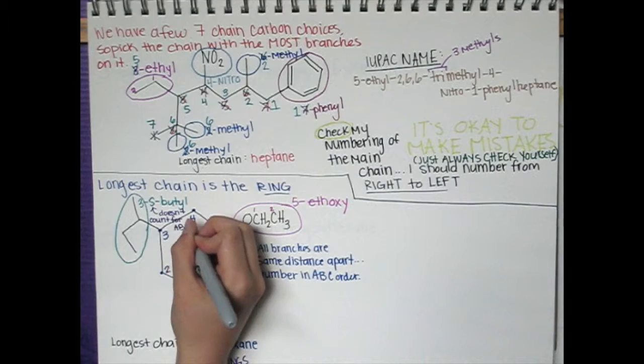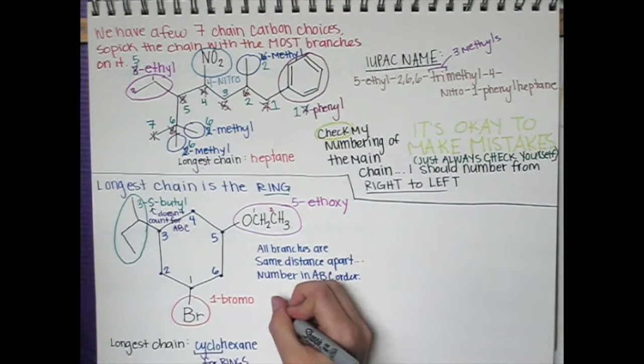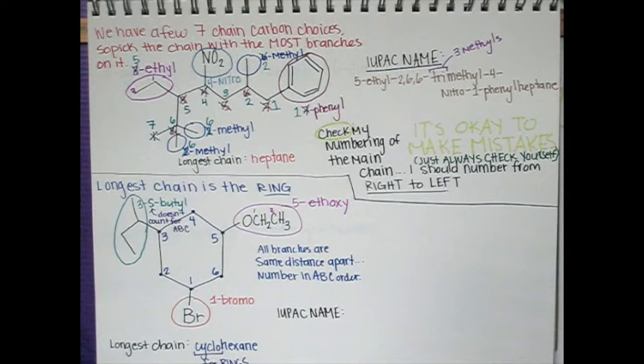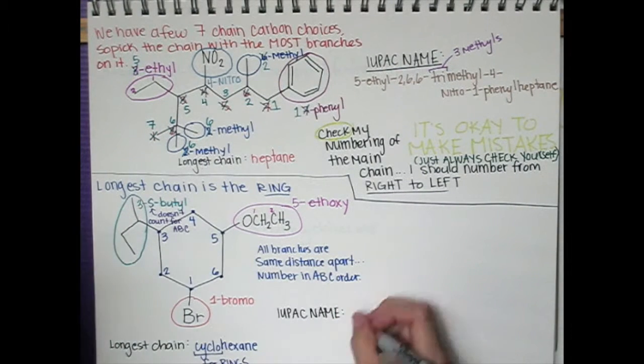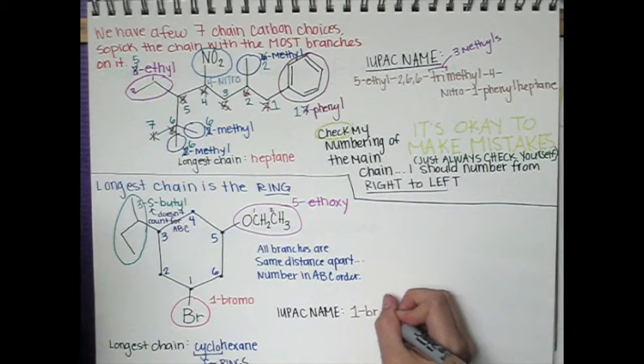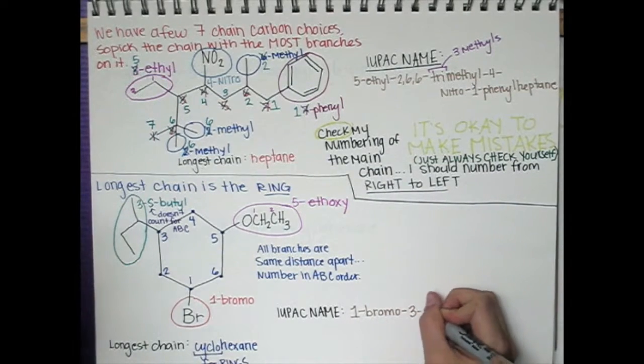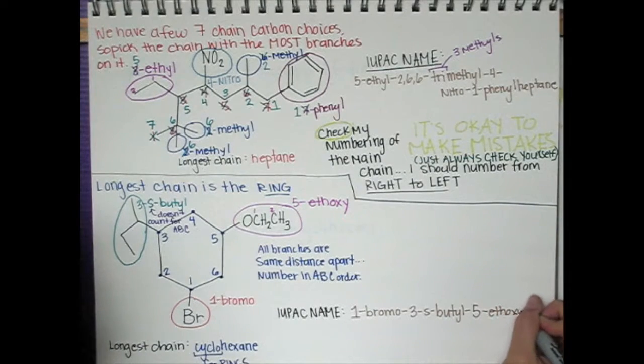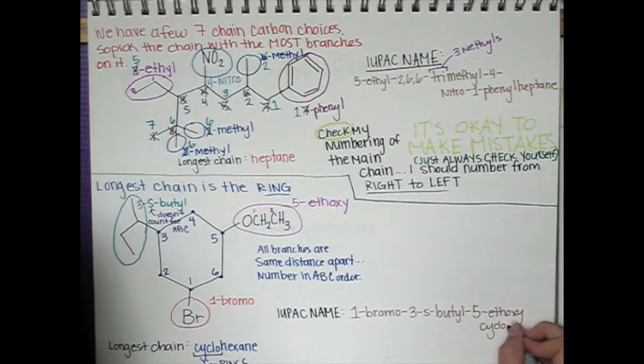That S for S-butyl doesn't count in alphabetical order. So let's put everything together. One bromo, 3 S-butyl, 5 ethoxycyclohexane. Awesome.